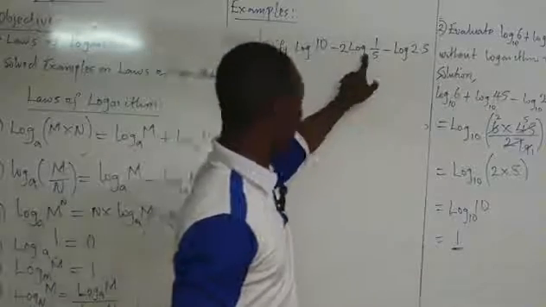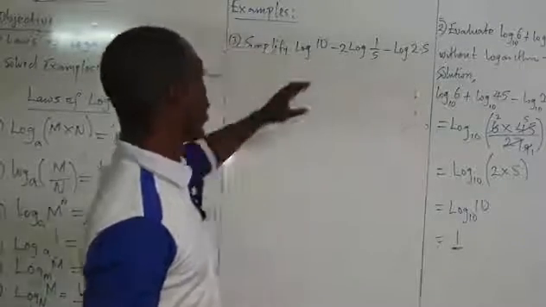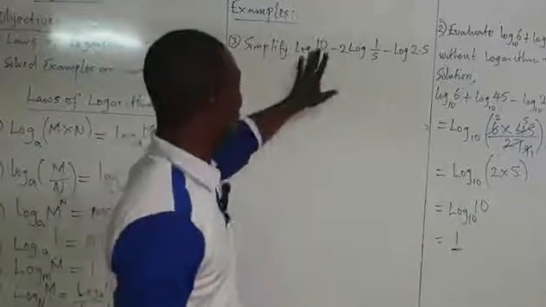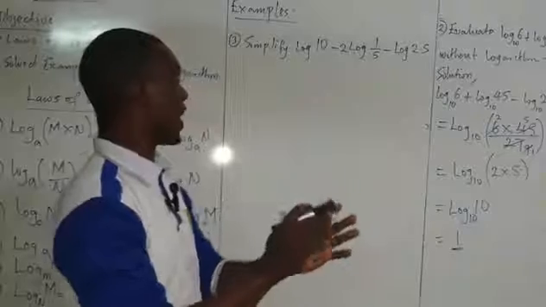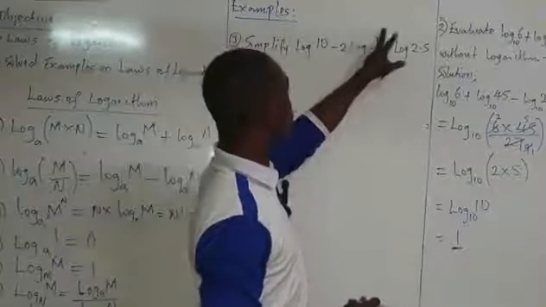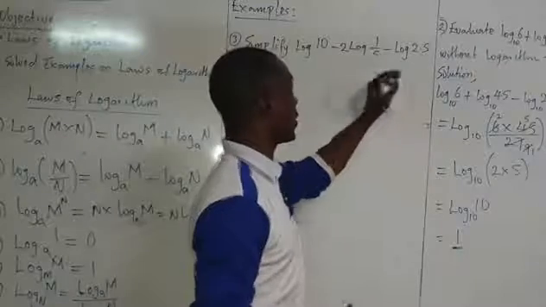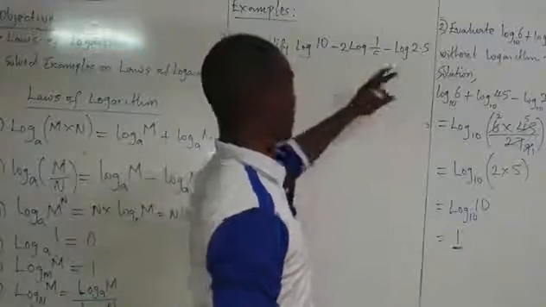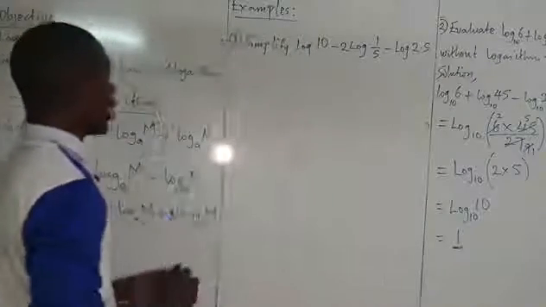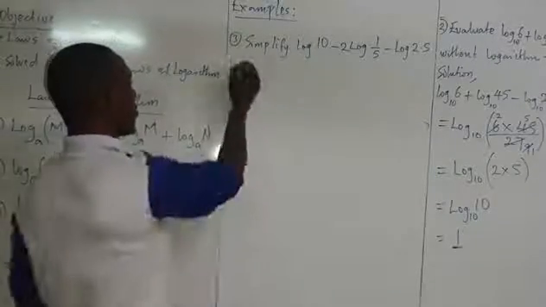So we have base 10, we have base 10. So log 10 is base 10. As we don't have any base, we regard this as log 10 base 10. Then minus 2 log 1 over 5 base 10. We have an invisible 10 there. Then log 2.5 base 10. So that is that on the question. So let's now solve. Solution.